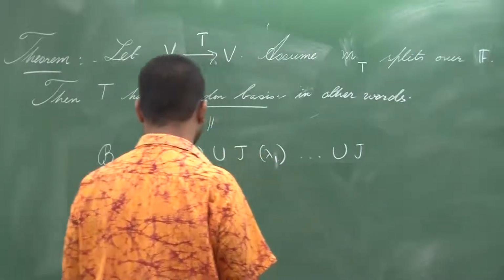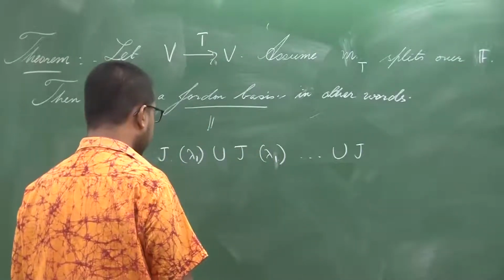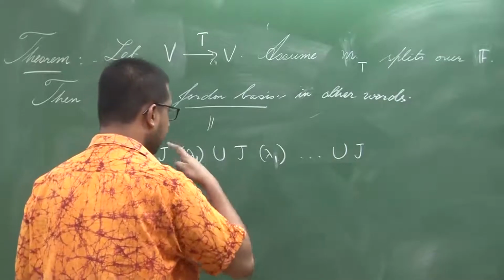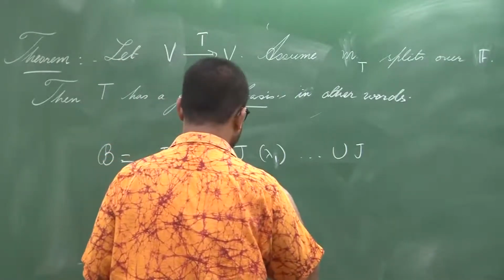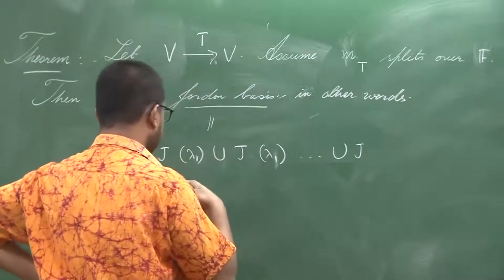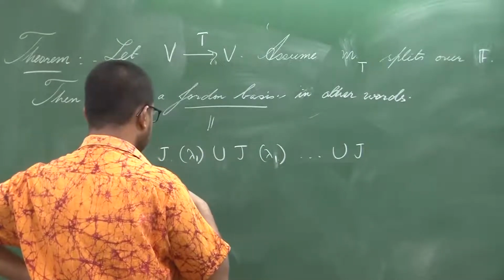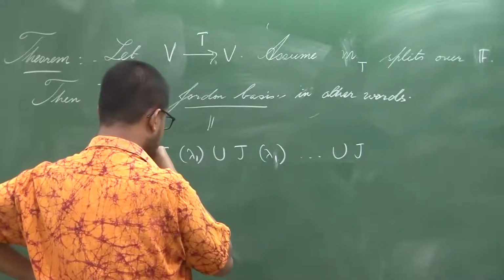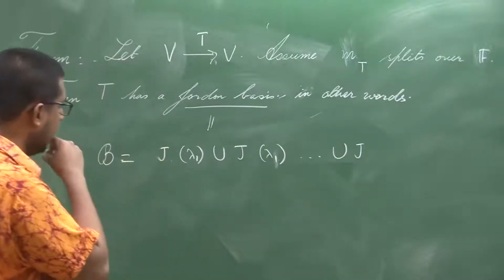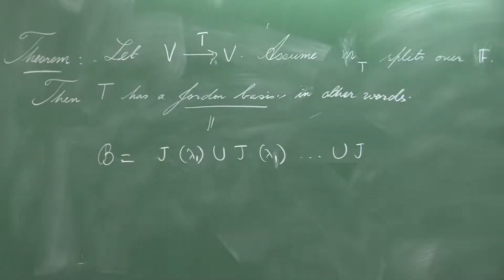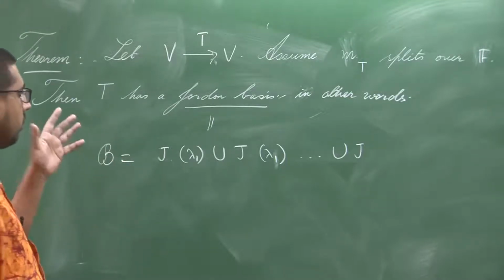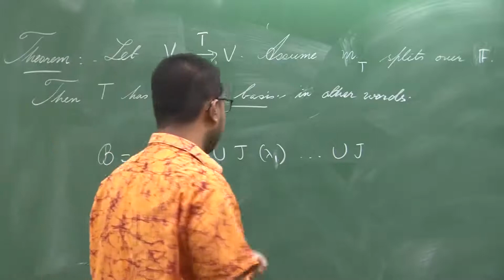So better that I should mention their size. What I want to write is I will have several Jordan strings, but corresponding to one value I can have multiple Jordan strings.